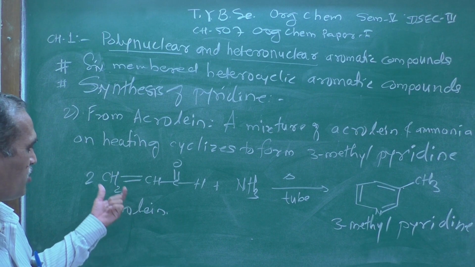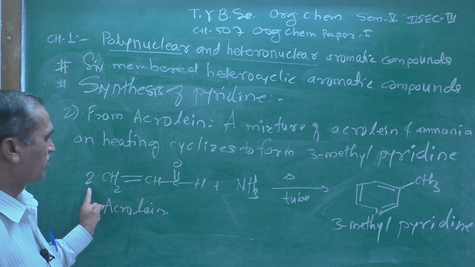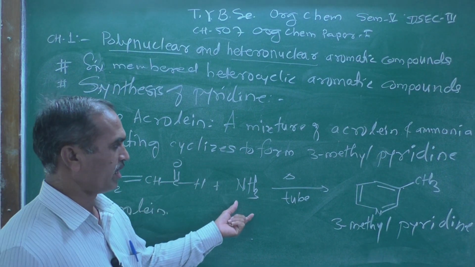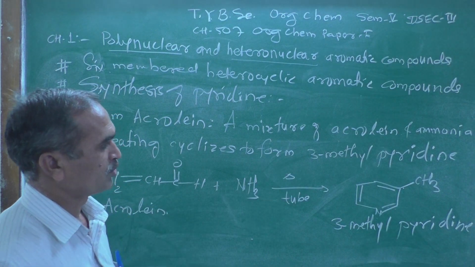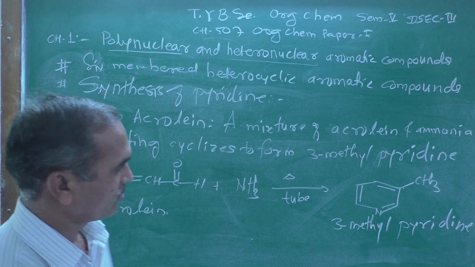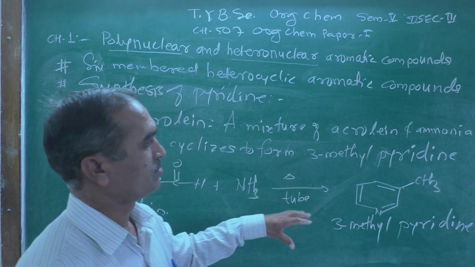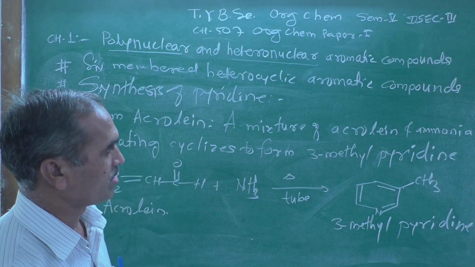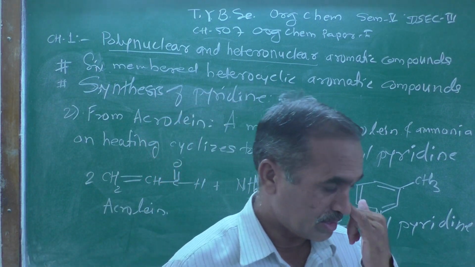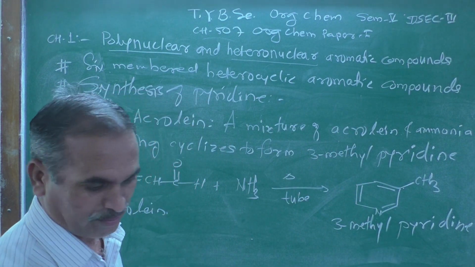Look at the structure of acrolein, it is this one, CH2 double bond CH, C double bond OH. 2 moles of that acrolein were taken, treated with ammonia, heated in a tube, yielding a high yielding product which is 3-methyl pyridine. So that is the compound which we are getting here with high yield. So this is a second method for the preparation of pyridine.